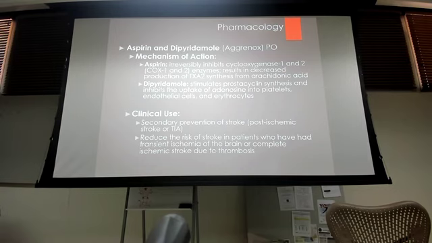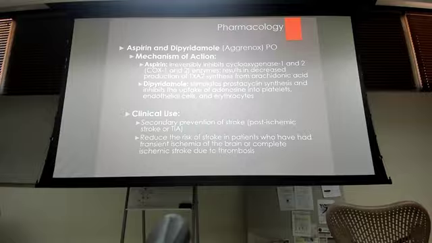So this is just more about that combination. Secondary prevention of stroke is the take-home here. And then we talked about the pathways, the dipyridamole increasing the prostacyclin, and the aspirin irreversibly inhibiting the COX-1, which decreases thromboxane A2, decreasing the platelet activation.